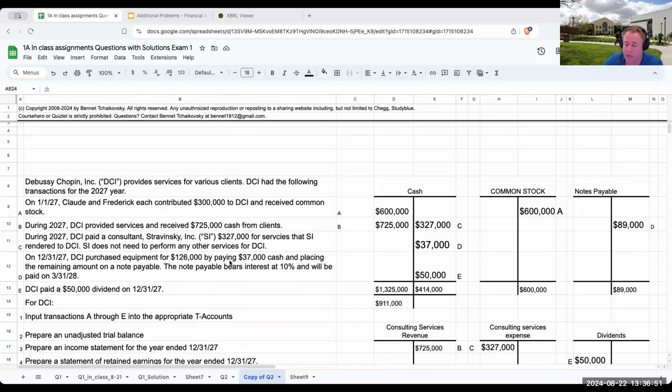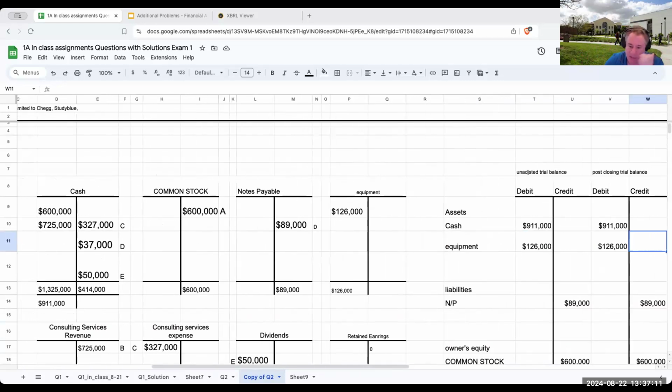Why not? I actually tried that once, it didn't work out. If I threw in adjusting entries in this exam, you would really be messed up. It's more important that for this test, we're recording transactions. How do we record our debits and credits? And then how do we go through and summarize them, right?